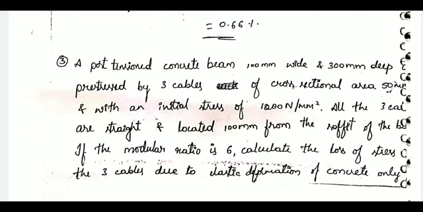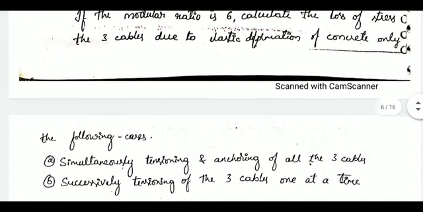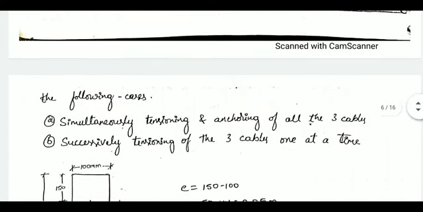If the modular ratio is 6, calculate the loss of prestress in the 3 cables due to elastic deformation of concrete only, for the following cases. First case, simultaneous tensioning and anchoring of all the 3 cables; second, successive tensioning of the 3 cables one at a time.